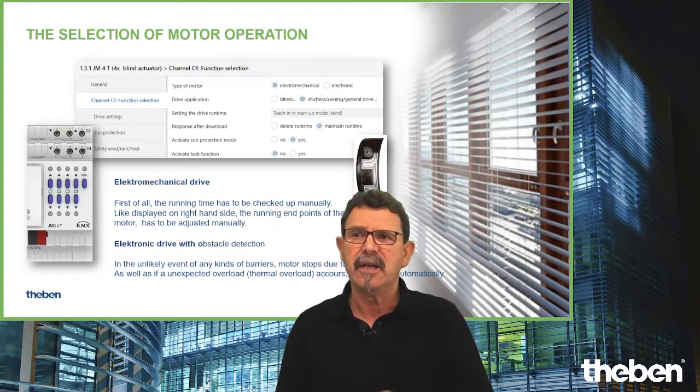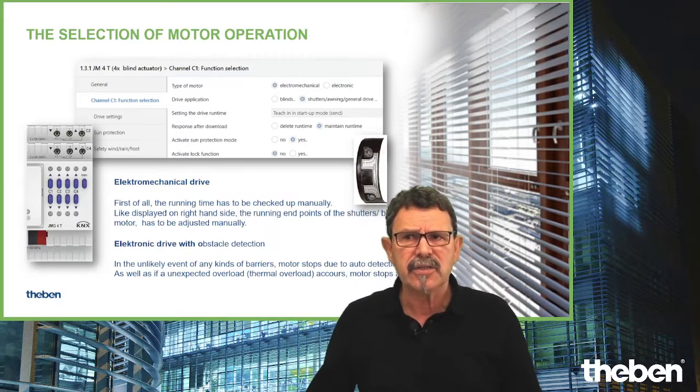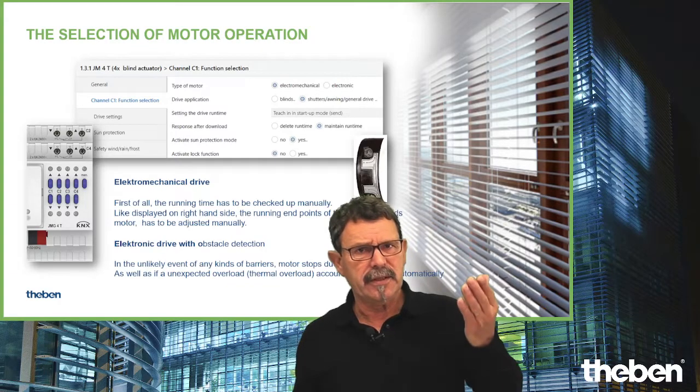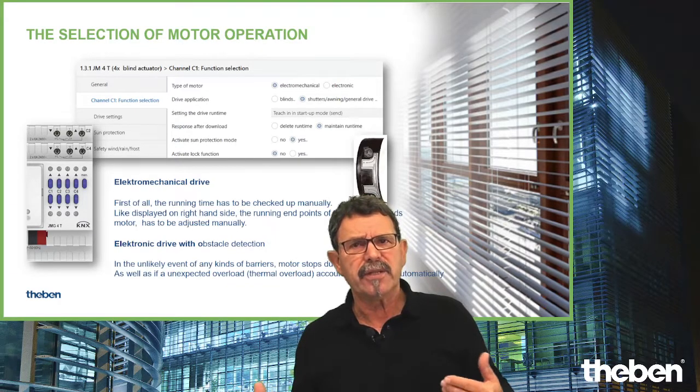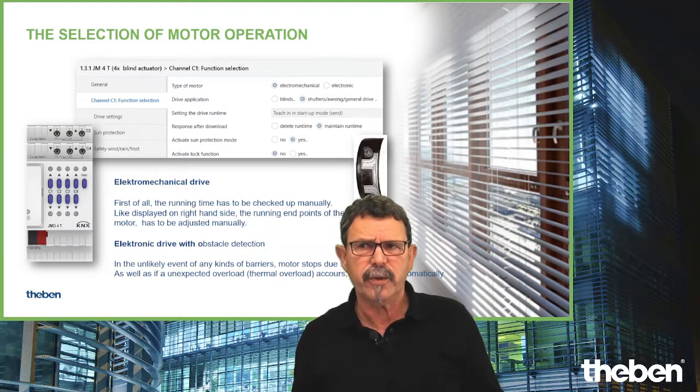And we have so-called electronic motors, which do current metering. When they are fully down, there is a current metering inside, and when the current goes down, there is no load. Then this motor knows exactly that's the end of my position.